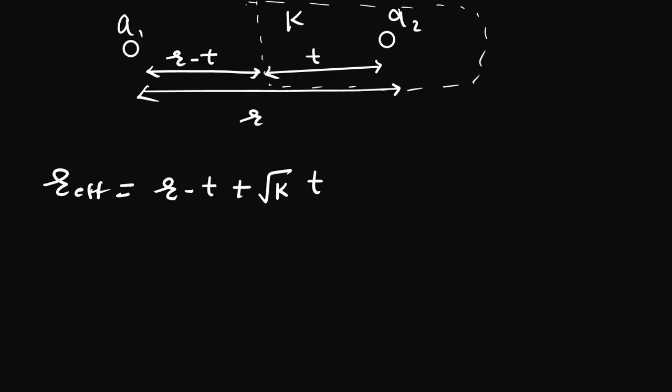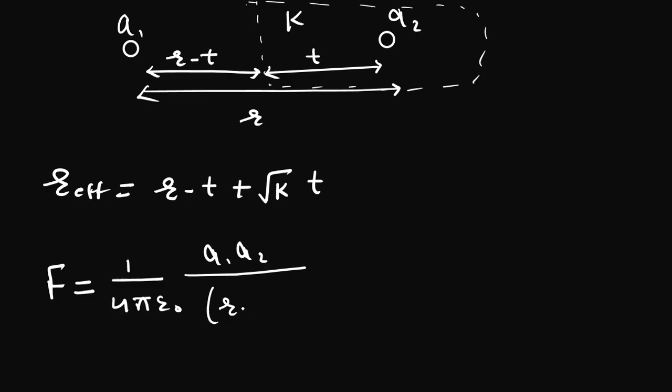And now we can very easily write the magnitude of force between these two charges will be 1 by 4 pi epsilon naught, the product of the charges q1 into q2 divided by effective distance squared. So it will become r minus t plus root under k into t, whole square.